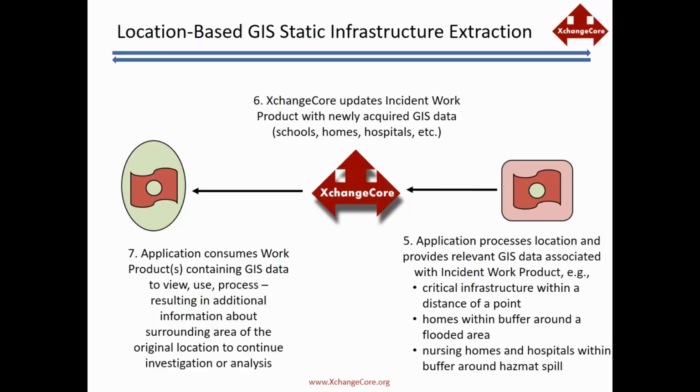Let me check and see whether there's anything nearby that we care about. And if I do that 3, 4, 5, 500 times, I can begin to say, we've got this person, and four different times he's been near a chemical plant. That's how to turn fragments of information into intelligence by using XchangeCore to orchestrate that data.